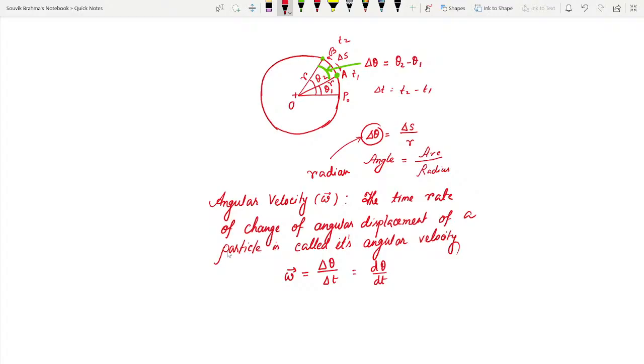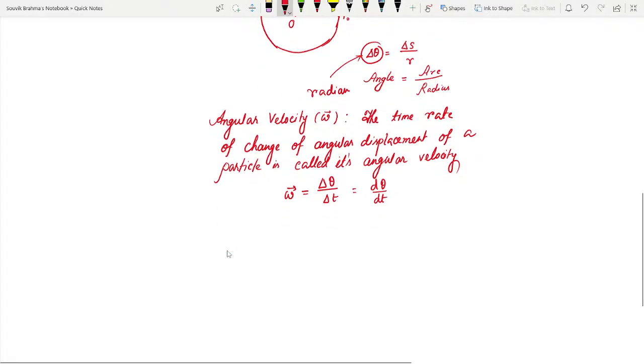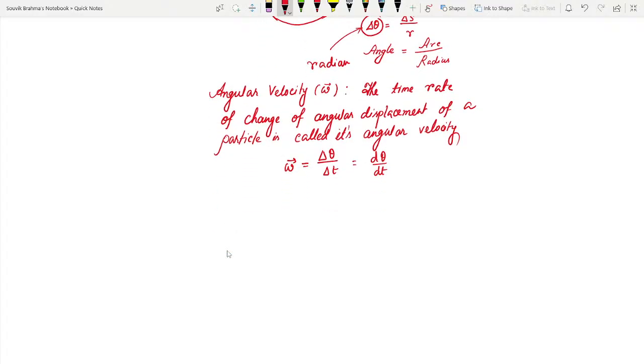Okay, and the unit should be radian per second. Okay, and dimension should be correct.